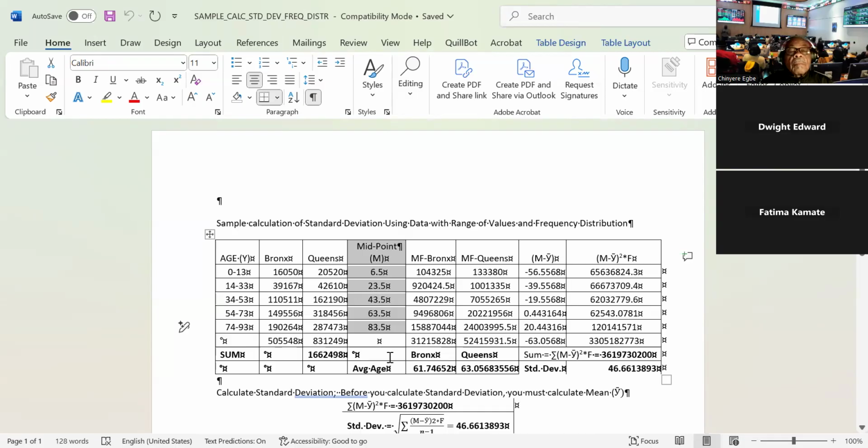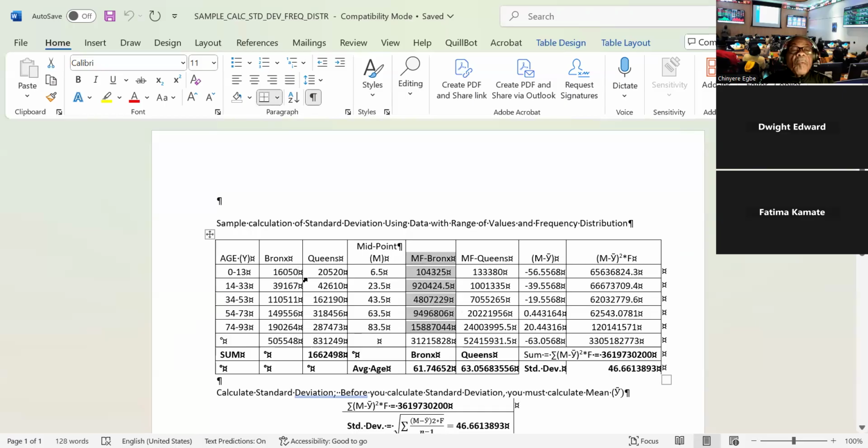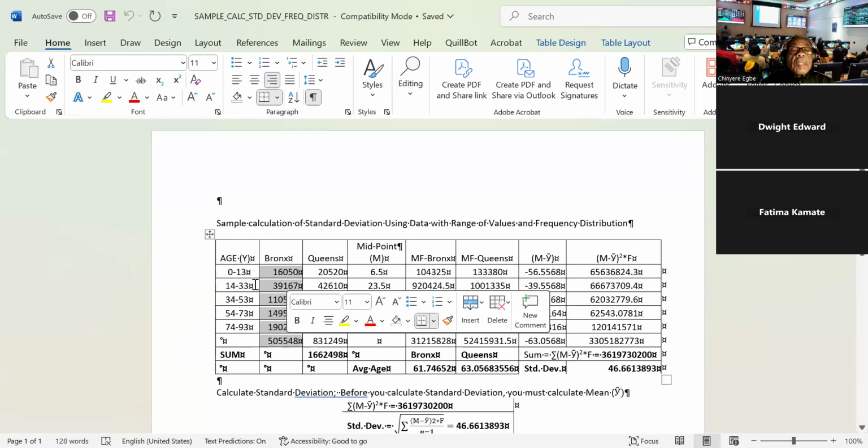I calculate the midpoint M times F, F being the frequency. For the age 0 to 13 for Bronx, the frequency is 16,050. That is the number of people who are between 0 and 13 years, so we'll call that the frequency.